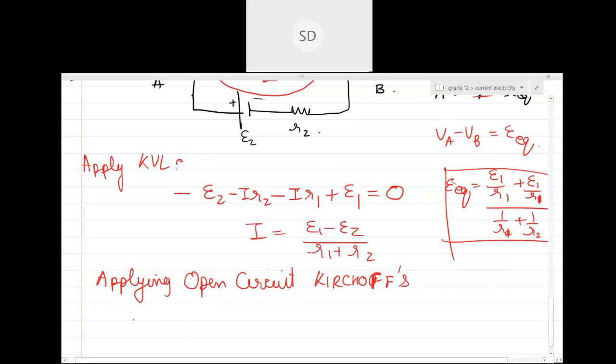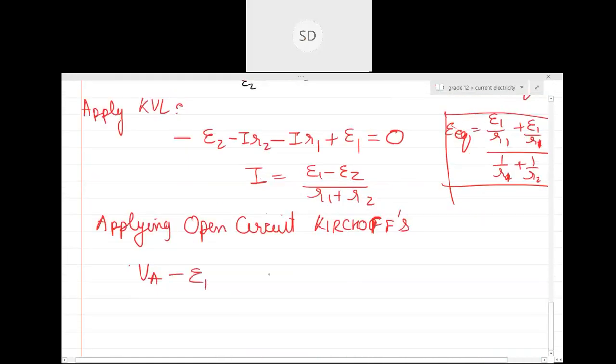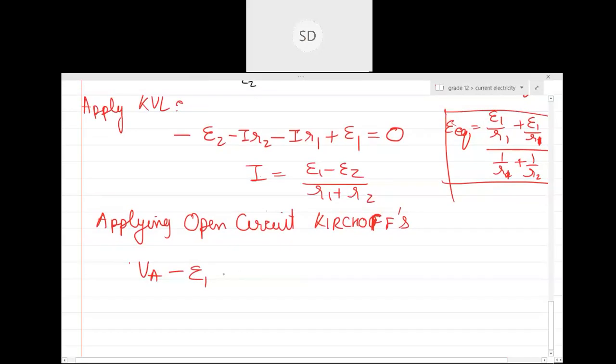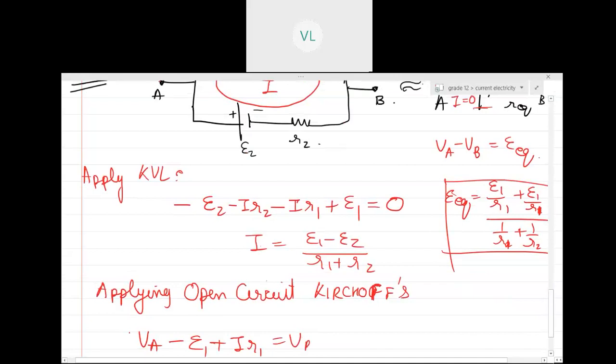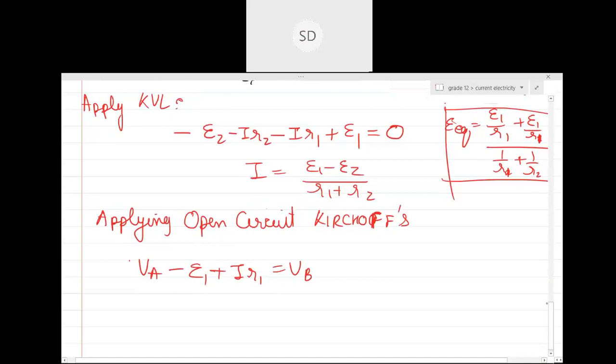I think your teacher might also have written the same thing: VA, then minus E1 plus IR1. She explained that if you start at VA and go along the circuit, as you get more components, you subtract them, and you get a certain voltage at the end. She used something like a nodal type of thing, starting with potential. Okay, so we'll do that as well. Whatever your school madam is teaching, you should follow that, no problem.